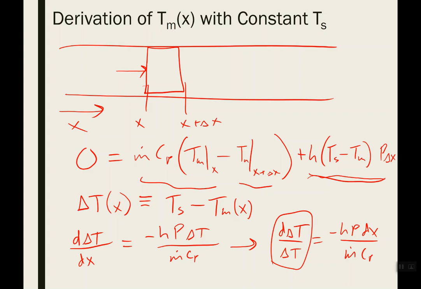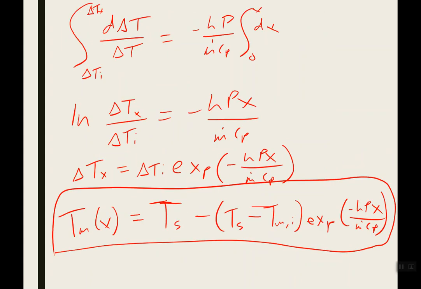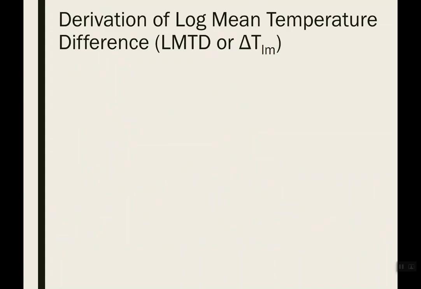And that led us to an equation showing that our mean fluid temperature as a function of x will exponentially approach the pipe wall surface temperature. And we did all that with a differential energy balance.